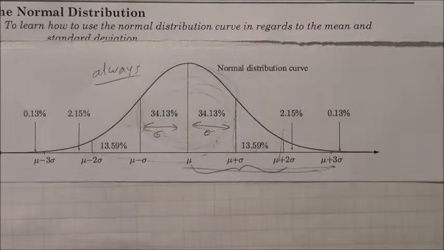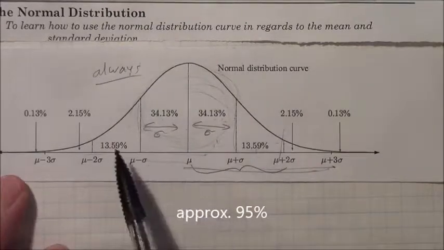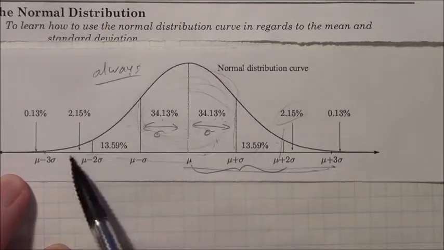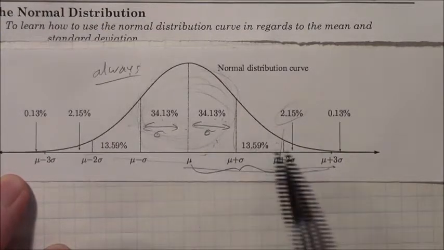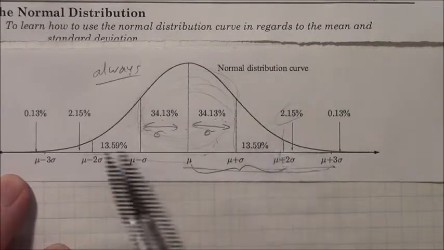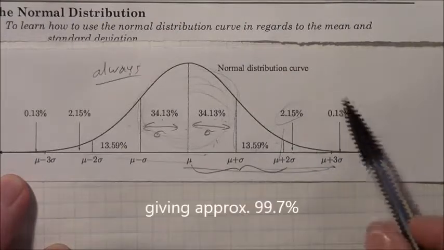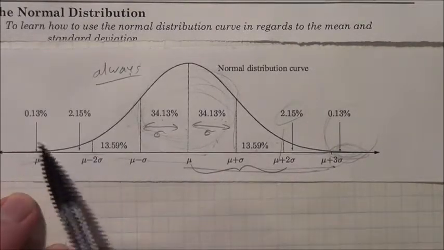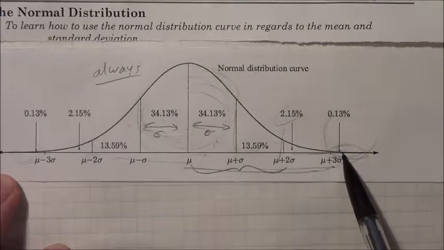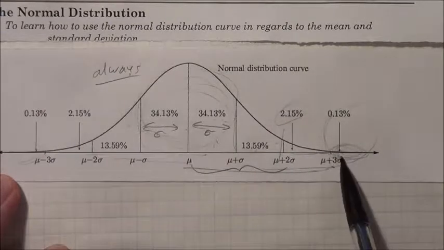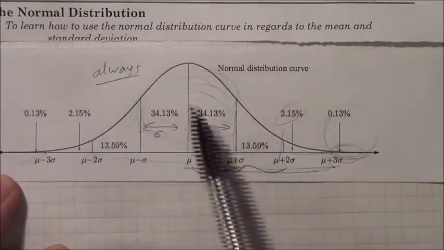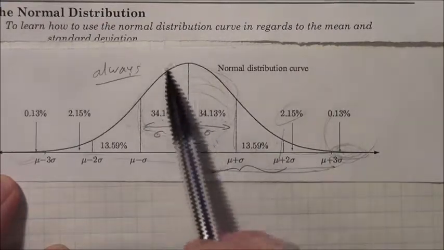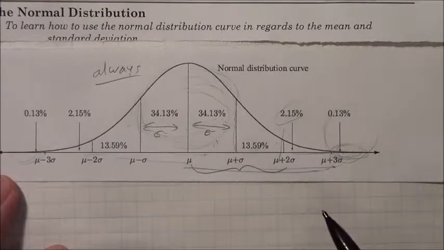Then we add another 2.15% on either side, up to 3 standard deviations away from the mean, followed by this little tiny bit that you can barely see, which is 0.13% of all the data at the very extremes. As you can see, the largest clump is in the middle, and it gets less and less as you get to the extremes on either end, just like I described before.